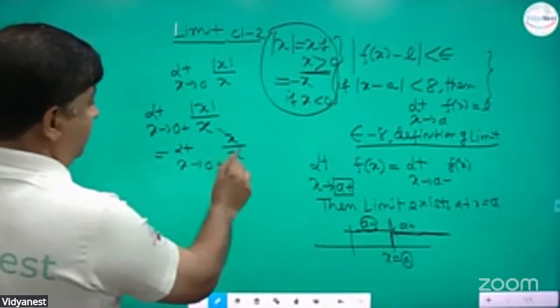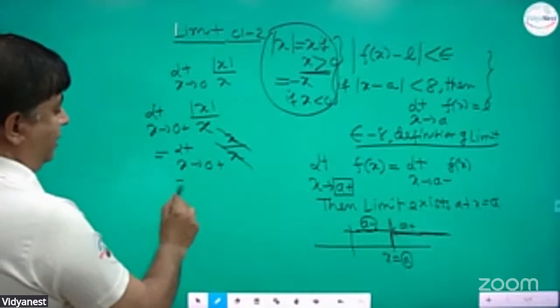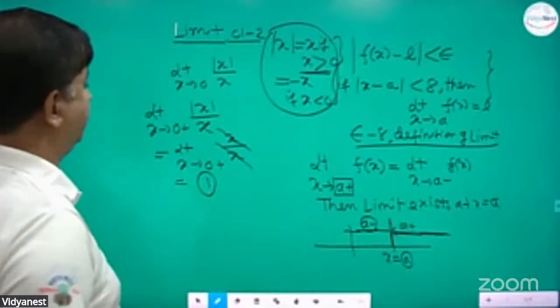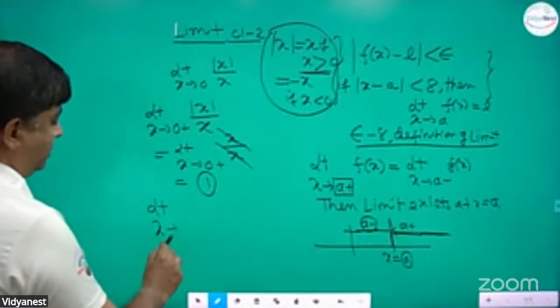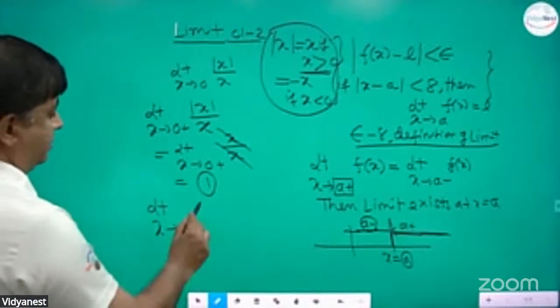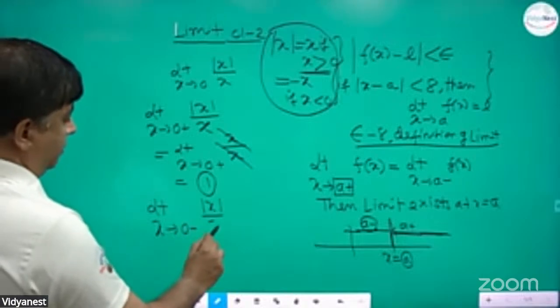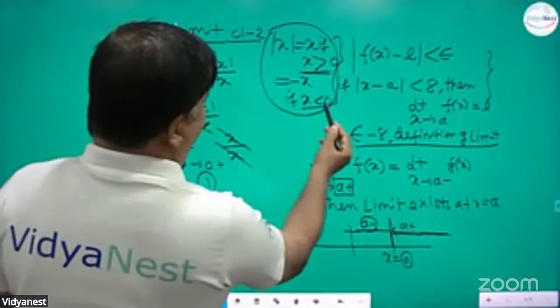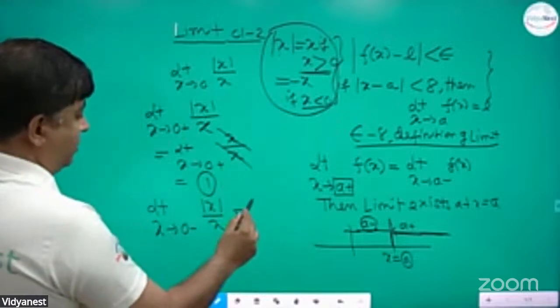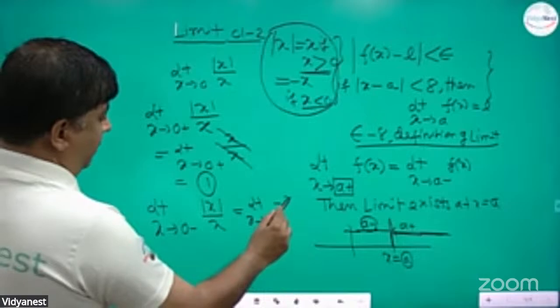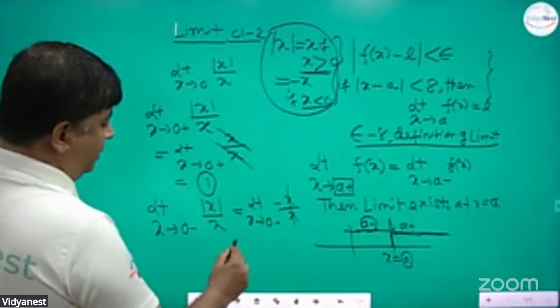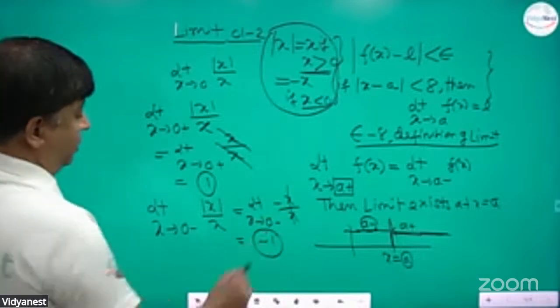It is an easy task to cancel it, you will get 1. Now, in case of x tends to 0 minus, the left hand side of 0, mod x will be minus x, cancel it, you will get minus 1.